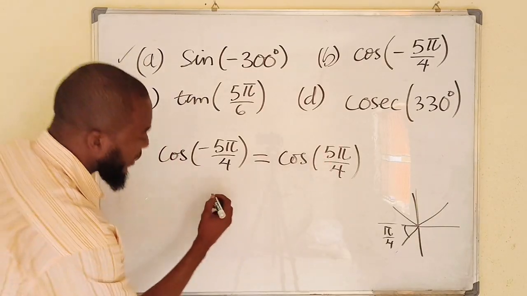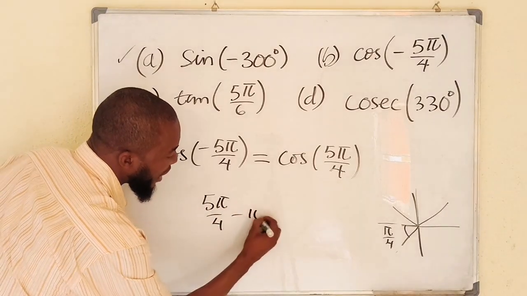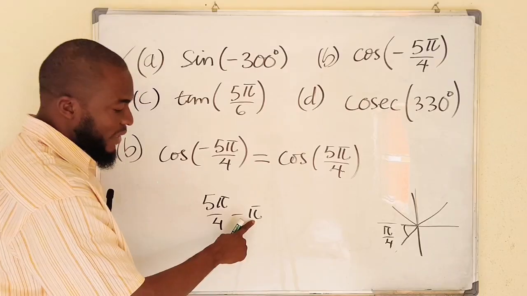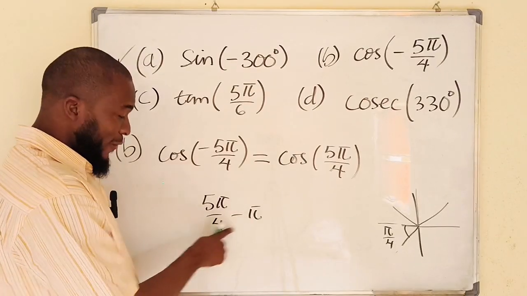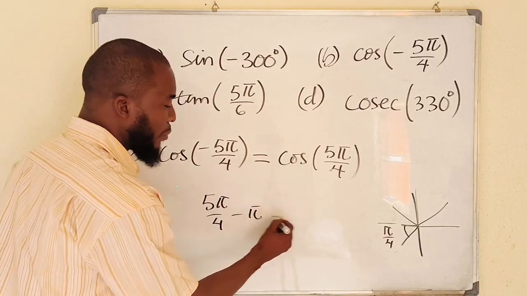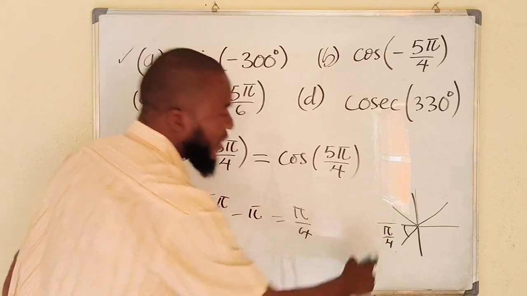So once you take 5 pi over 4, you subtract pi, it will give us that reference angle. This time, 5 pi minus 4 pi will give us pi divided by 4. So this is our reference angle.